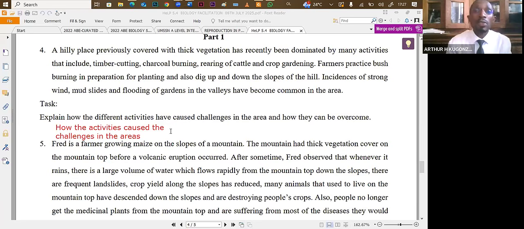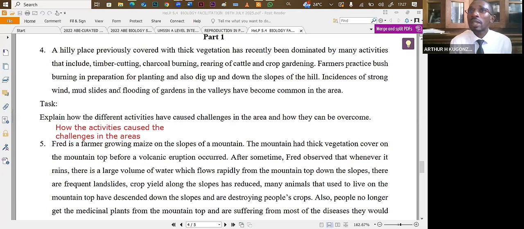Then we go now and peruse through our scenario. Are these activities given? If they are given, then we should extract out those activities and then start explaining how they cause the challenges in the area. And another question is, are these challenges given to us or are they not given to us?